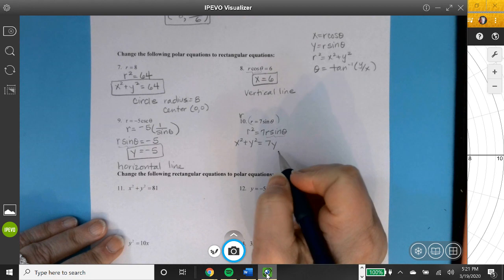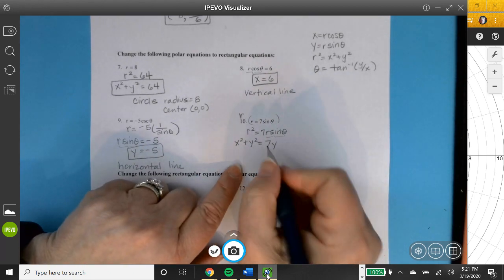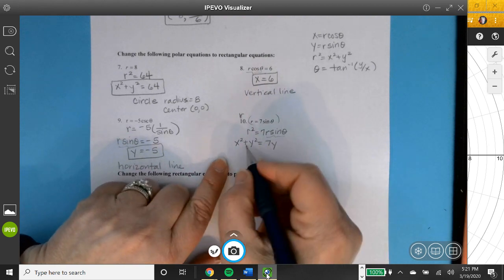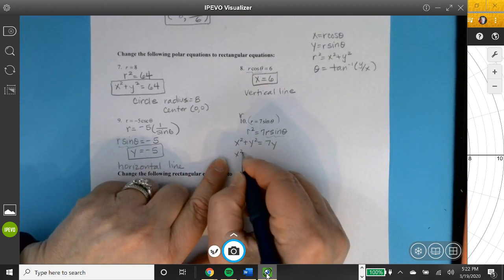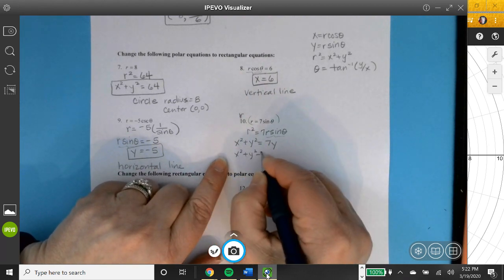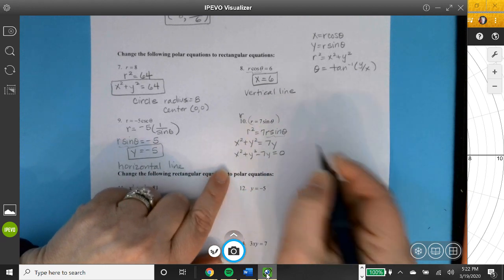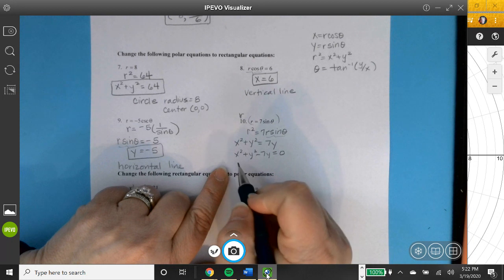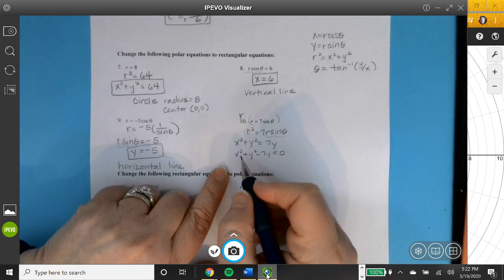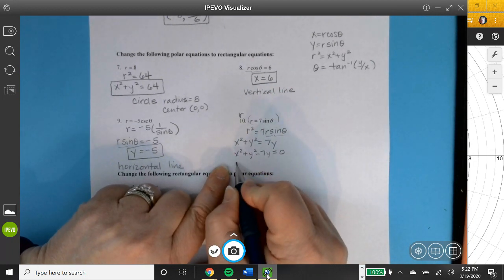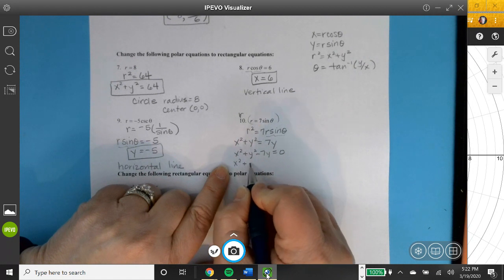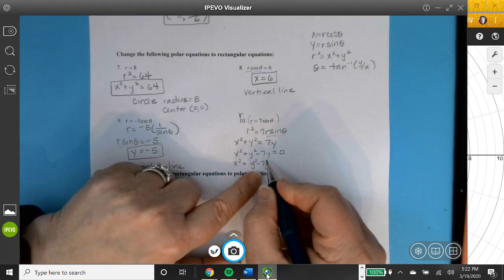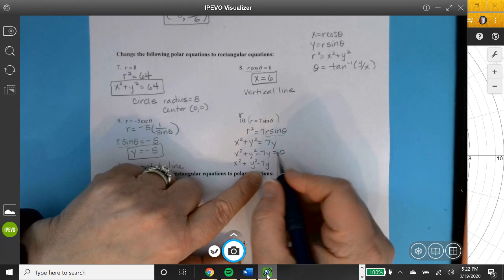And now this is a circle that needs to have its square completed. So we can say that this is x squared plus y squared minus 7y equals 0. And then I'm going to complete the square here for the y, because the square is already completed for the x. So that's going to be x squared plus y squared minus 7y, and I have to take half of negative 7, and that's going to be 7 halves.